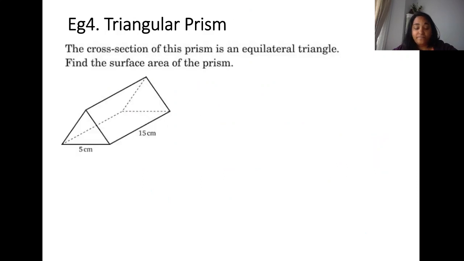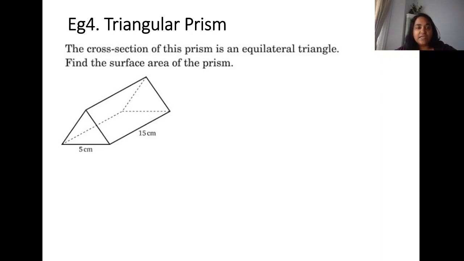Right, our last example shape today is going to be this triangular prism. Now this is going to involve a little bit more maths. Last lesson on Friday, you did triangular prisms where there is a right-angled triangle. Now in this case, we have an equilateral triangle.